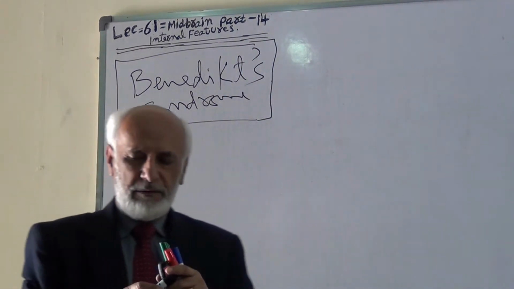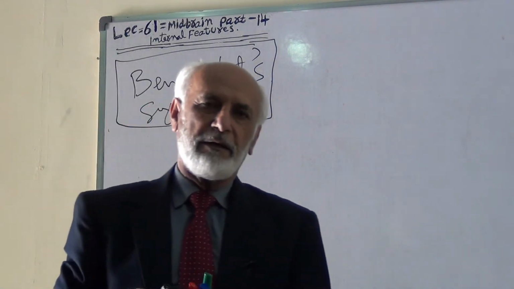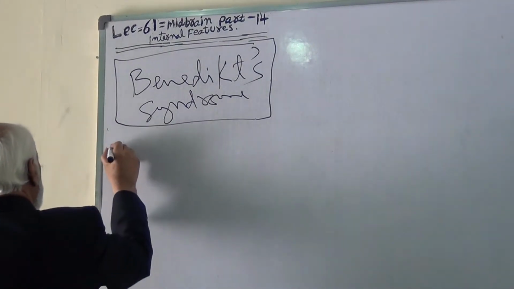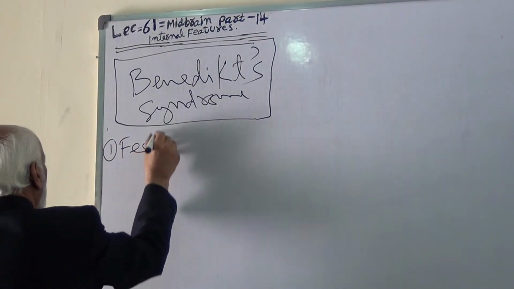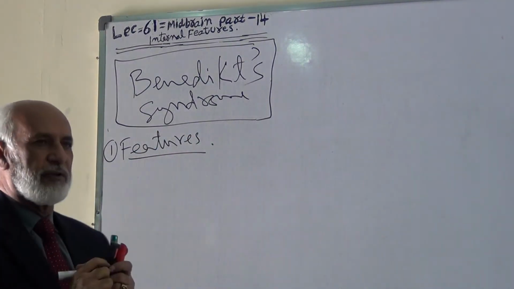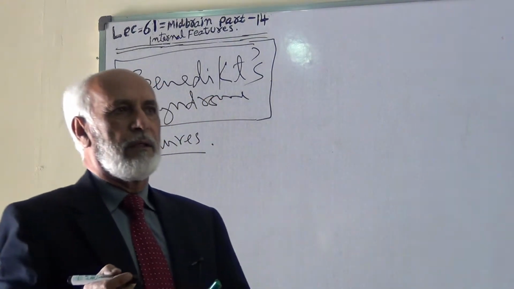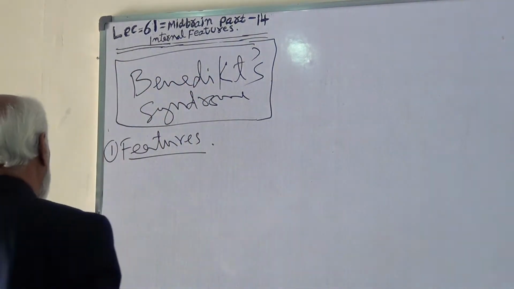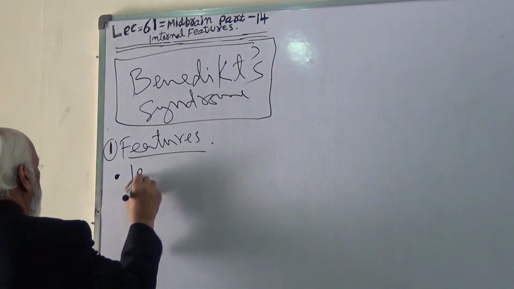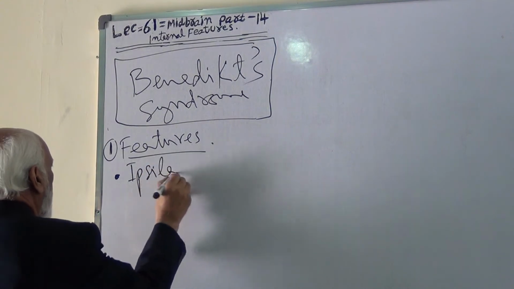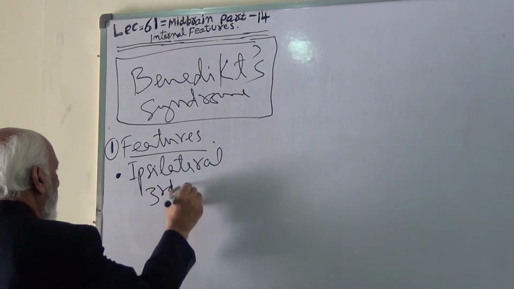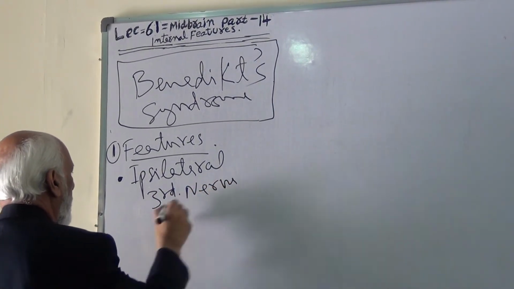Now we'll discuss this condition again under the same headings. Number one, what are the features? Clinical features of this syndrome. The patient presents with ipsilateral third nerve palsy.